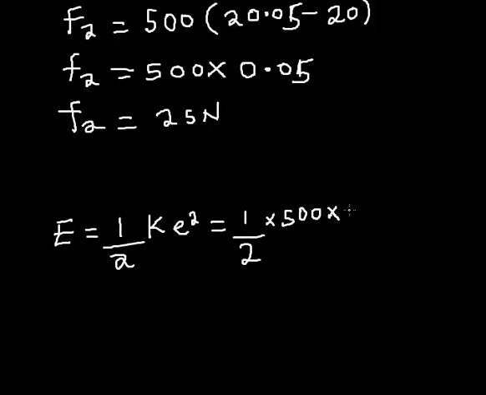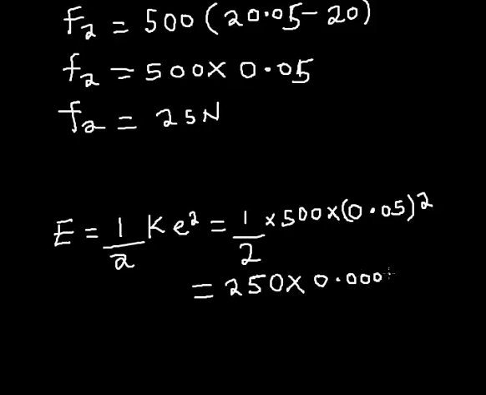If I divide 5 by 100, I'll have 0.05. Don't forget it's squared. 0.05 squared. So this is going to be equal to 500 divided by 2, that gives me 250. Then multiply by 0.05 squared.